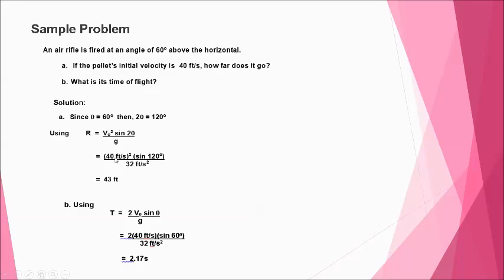And since the feet is squared, one is left and one cancels out. The same thing here. The second is squared, so the feet per second here would cancel out with the feet per second here, leaving second. So you have the unit second here, and here, it is feet.